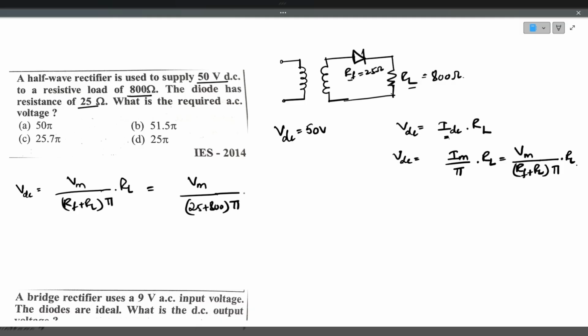Pi, and load resistance is 800 ohms. Whereas VDC value we know, VDC is 50 volts. So 50 is equal to this. From this, we get V maximum as 51.562 pi volts. That is the V maximum we require. So the answer is option B.